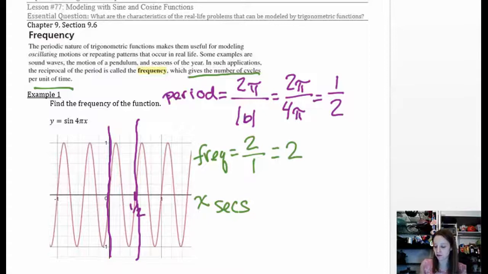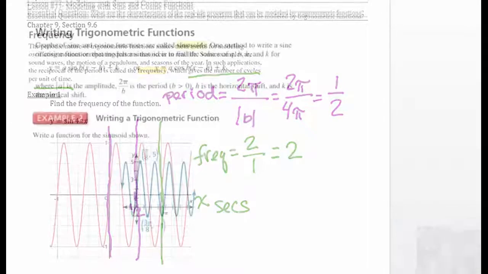So we can think of 2 cycles per second. You see here's the 1. And you can see that we have 2 complete cycles of the sine function in 1 second. So again, frequency, you can take the reciprocal of the period. And the meaning behind frequency is it gives the number of cycles per unit of time.